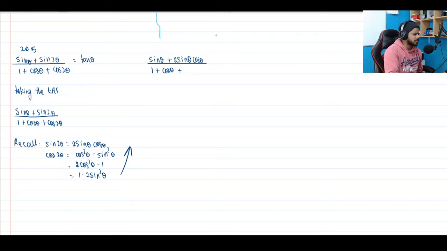So plus 2 cosine squared theta minus 1. If I'm stuck and I have no more substitutions, I'll make a substitution for cos squared theta. Now, I can do something on the numerator. I can factorize it. This is 2 open bracket 1 plus 2 cosine theta. Sorry, sine theta. My bad.